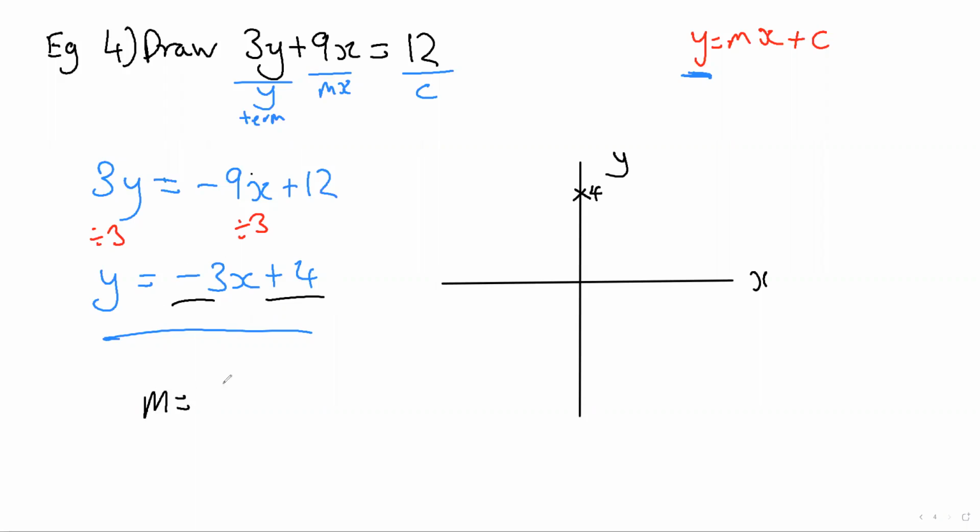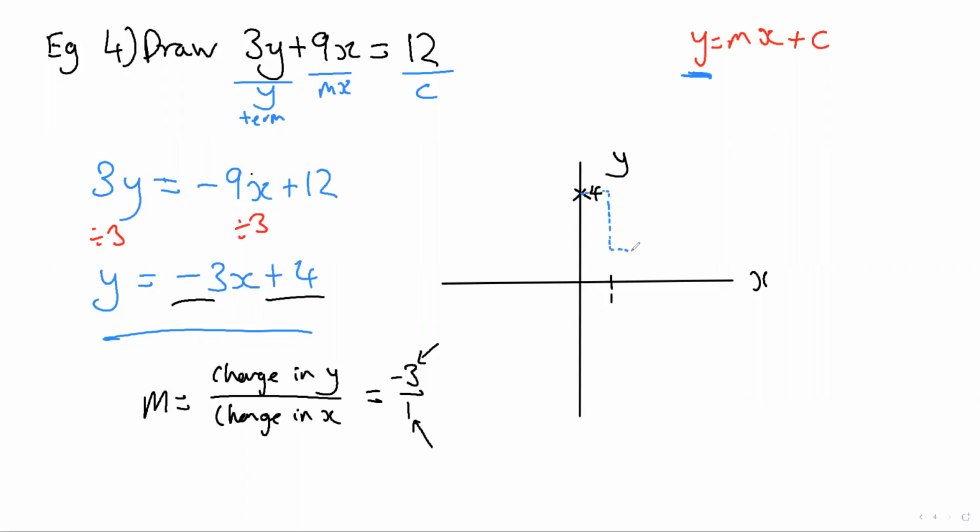We know that the gradient is the change in y over the change in x, and that's minus 3. Well, 3 is the same as saying 3 over 1. So what we're saying is that it changes in the y-axis by minus 3 for every time it changes in the x-axis by 1. So if we went forward by 1 in the x-axis, we go down by 3.